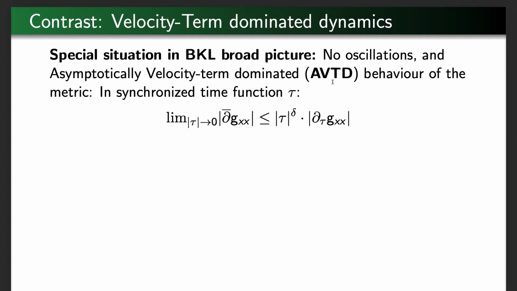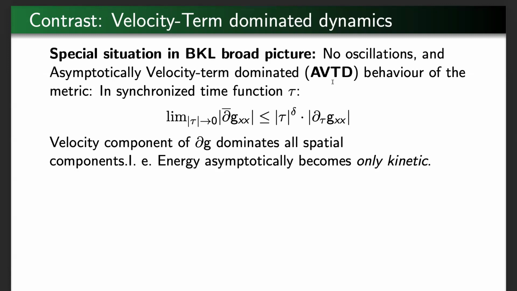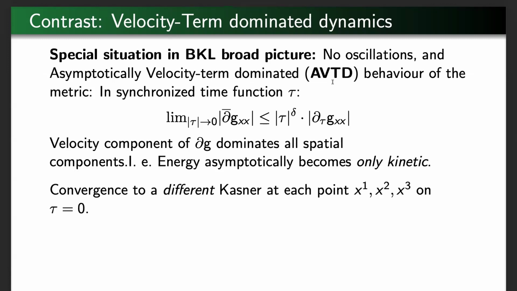So the spatial derivatives of the metric become insignificant compared to the time derivative of the metric. This is a special situation which they identify within their broader picture. If this happens, they call it AVTD, asymptotically velocity term dominated. The velocity component of the derivative dominates the spatial components, and the energy becomes only kinetic.